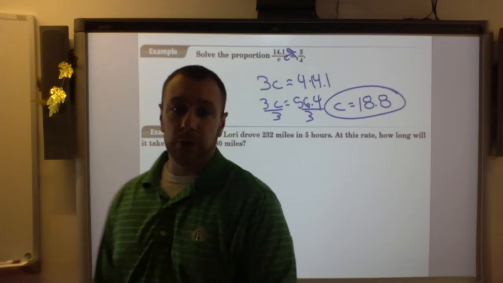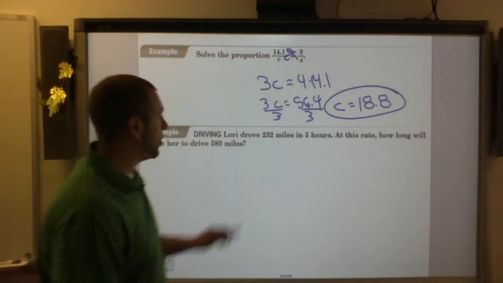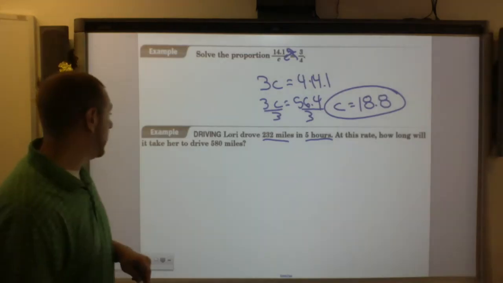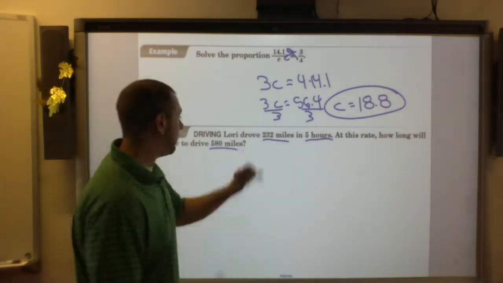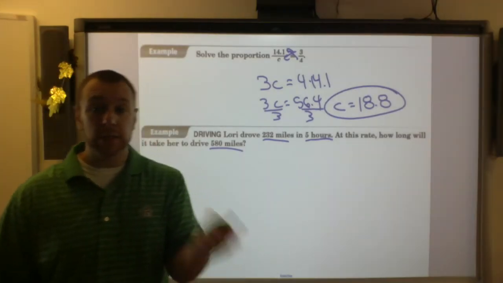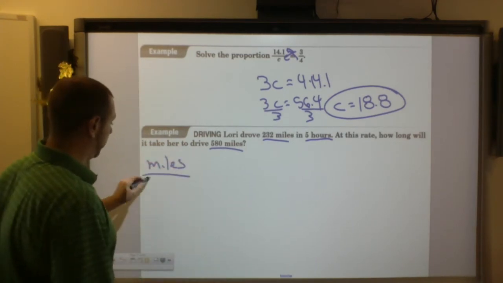Oftentimes, these proportions come up with application problems. So, Lori drove 232 miles in 5 hours. At this rate, how long will it take her to drive 580 miles? Well, I'm dealing with two things, miles and hours. So I'm going to set up miles over hours.